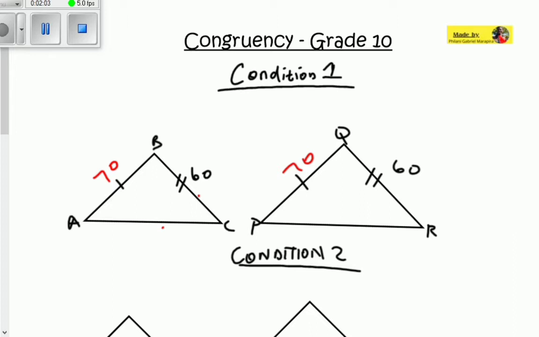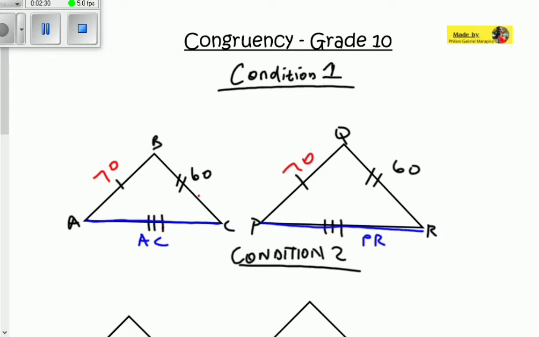But then we're not done. The third marking we're going to use here is this side and this side are equal. So the base sides are actually equal. If you can see the base of this shape, which is AC, base AC must be equal to base PR. So these are the two bases of our two triangles, that's AC and PR respectively.